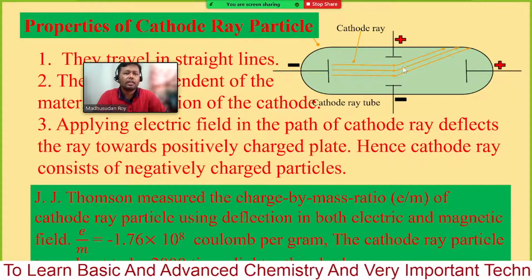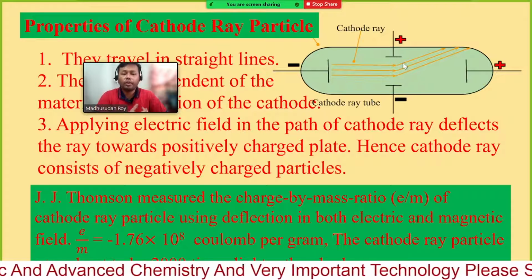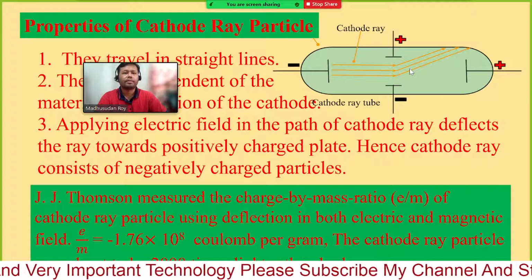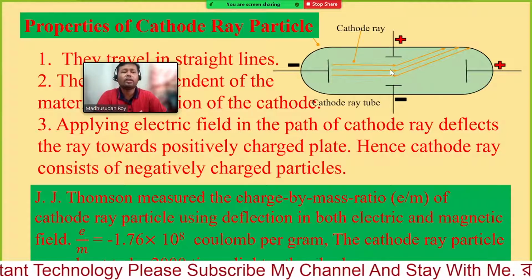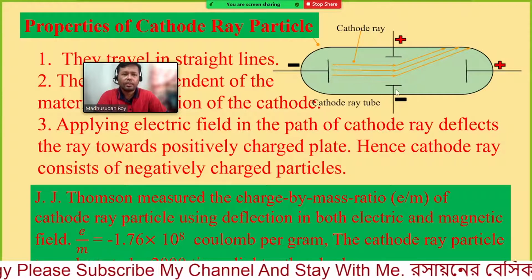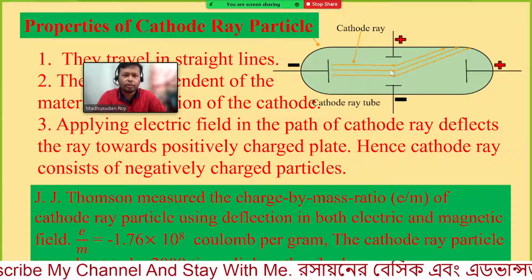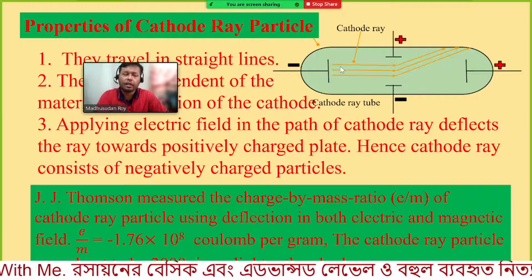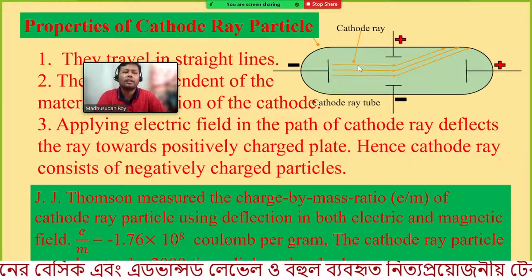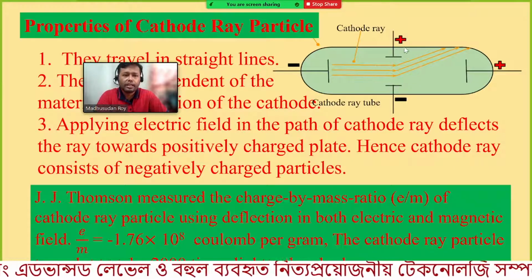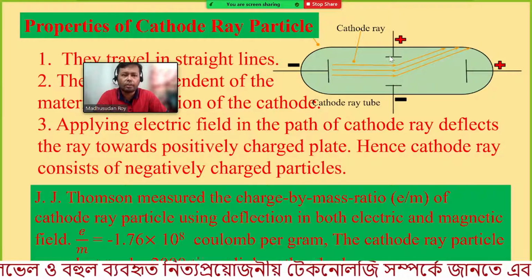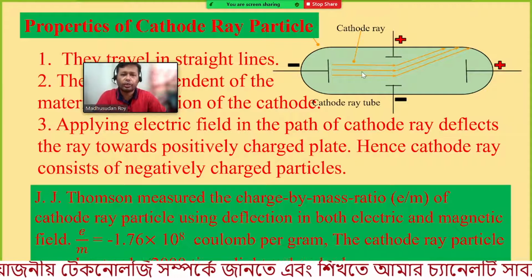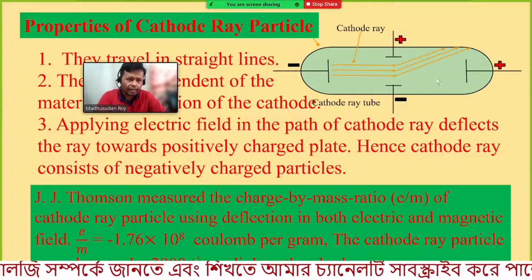What do you think, is the cathode ray positively or negatively charged? Anyone have any idea? If the cathode ray were positively charged, the positive voltage would repel it, and it would go the other way.